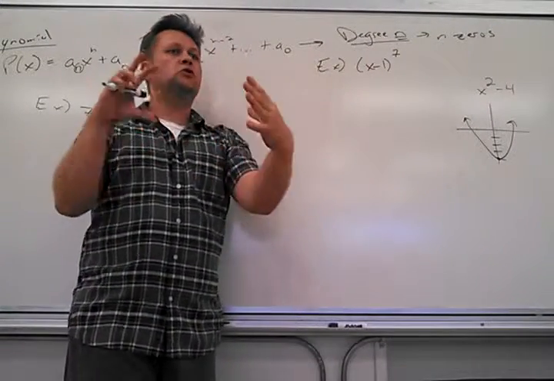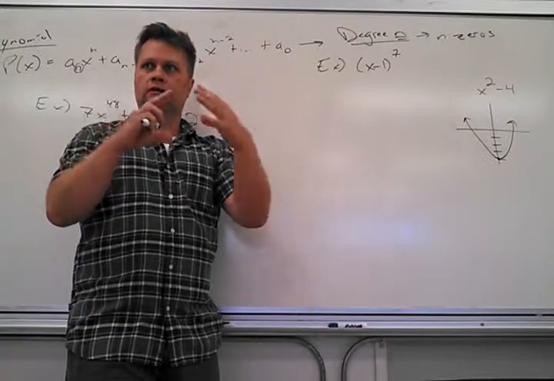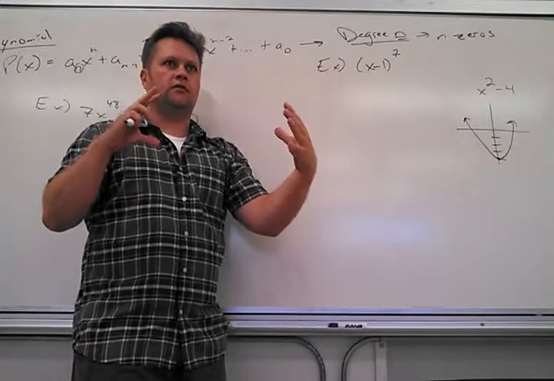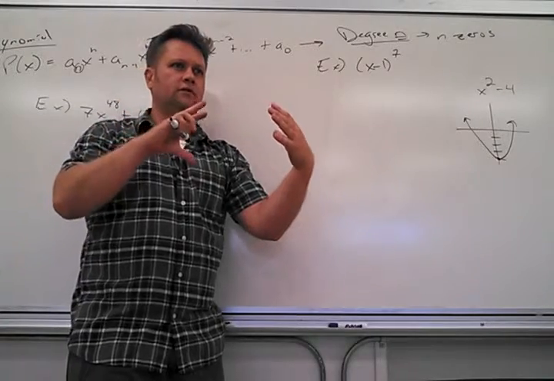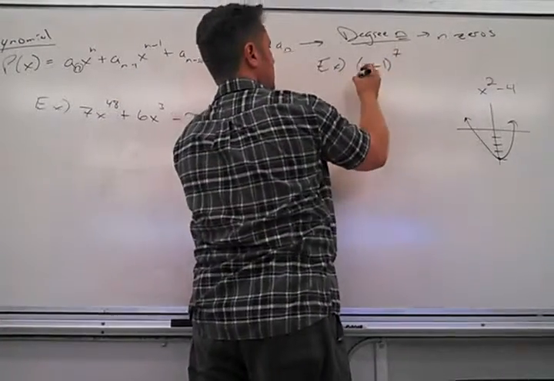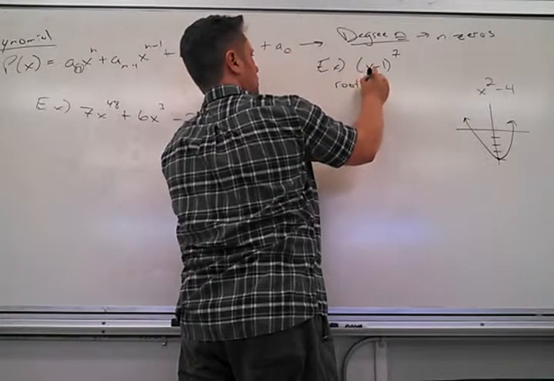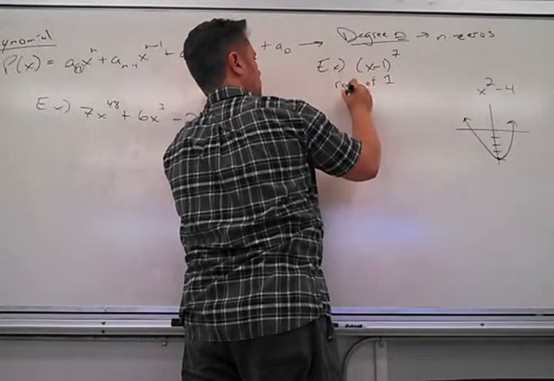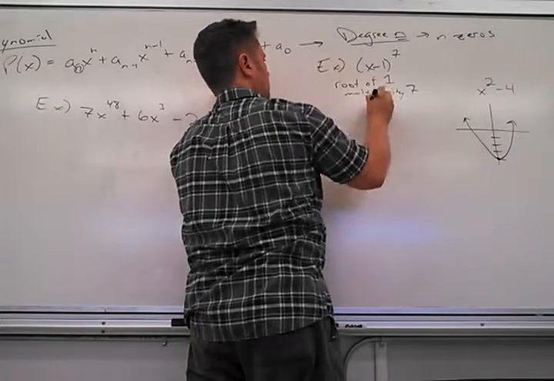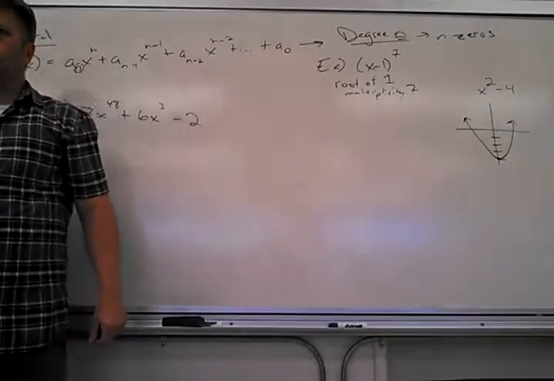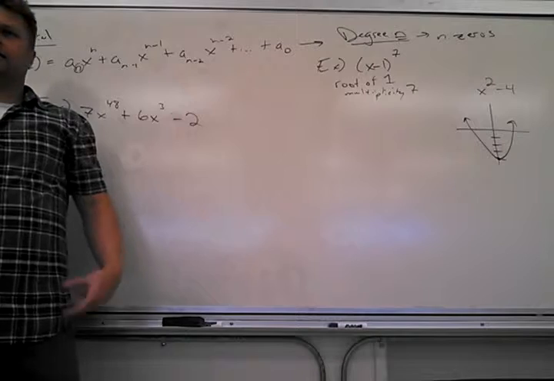So it's that multiplicity idea. You remember that word? It's not just a weird movie with Michael Keaton. You've never seen that? If you like Michael Keaton, go look it up on Netflix or something. So this has a root of 1, multiplicity 7.